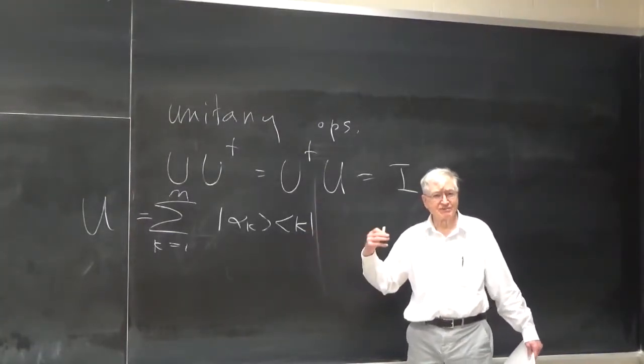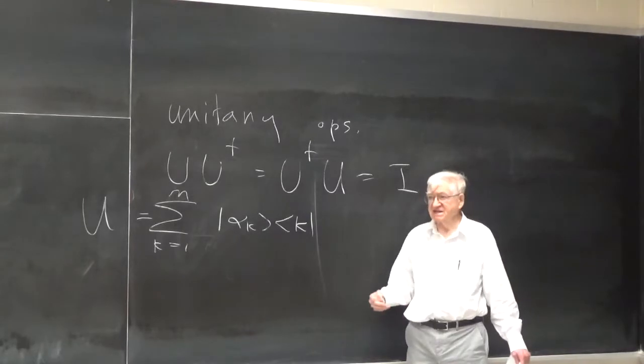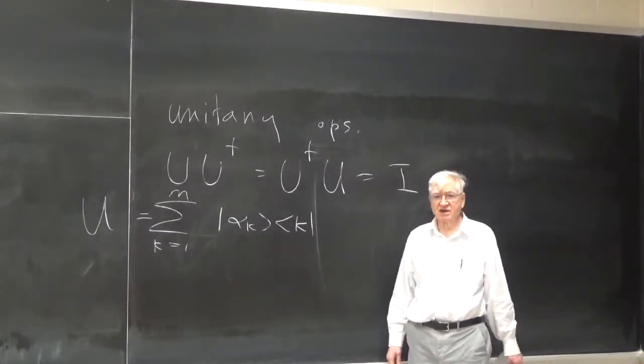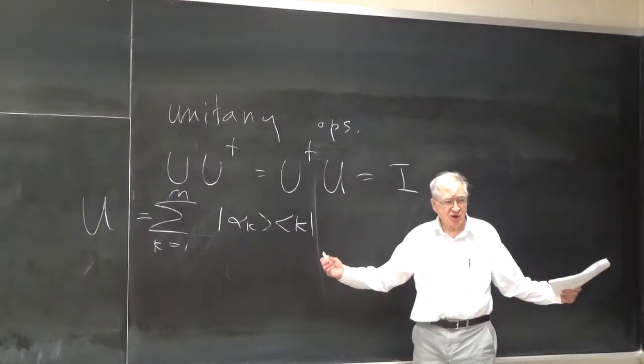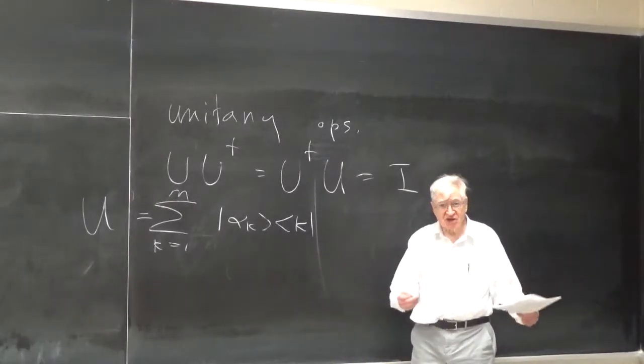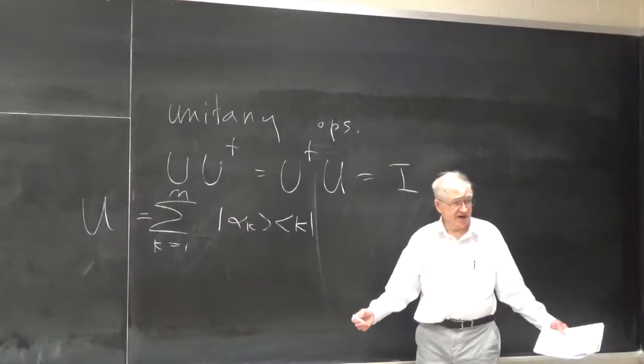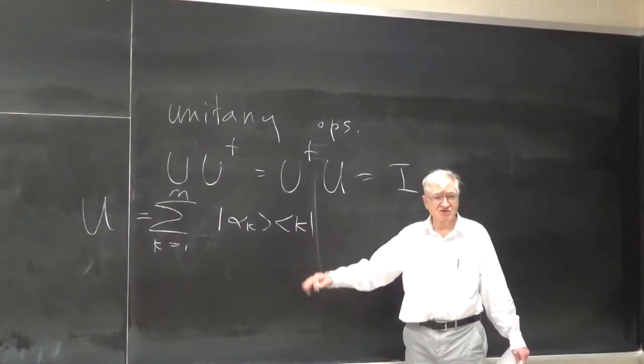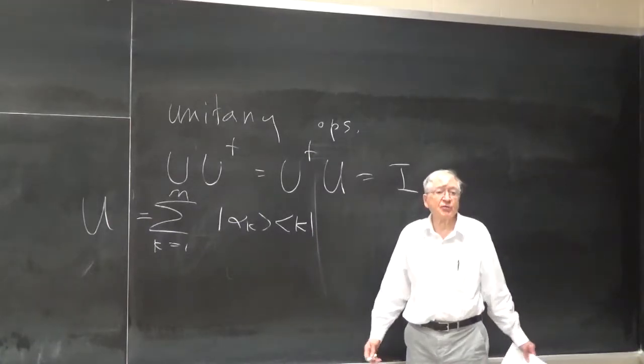because we have different bases that we use to describe physics in quantum mechanics. For example, we can describe physics in terms of position eigenstates or momentum eigenstates. The relation between them is a unitary transformation. It's actually a Fourier transformation.